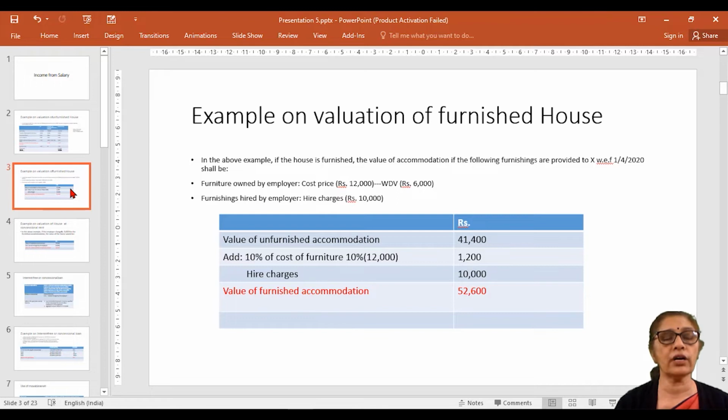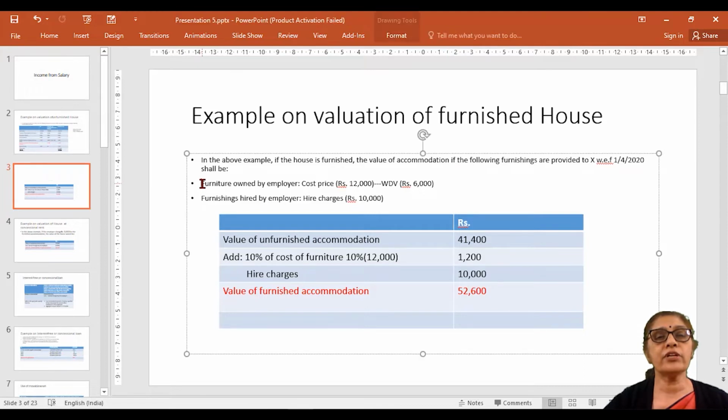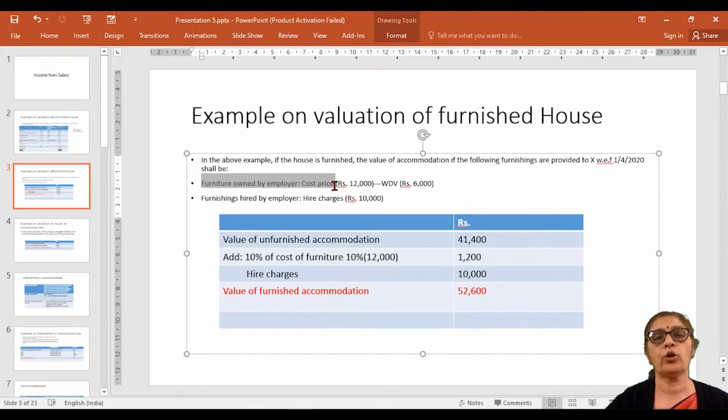If the house is furnished, the value is increased by 10% of the cost if the furnishings are owned by the employer, or hire charges if furnishings are hired by the employer. So here, if the house is furnished, given that furniture is owned by employer and cost price of the furniture is 12,000.